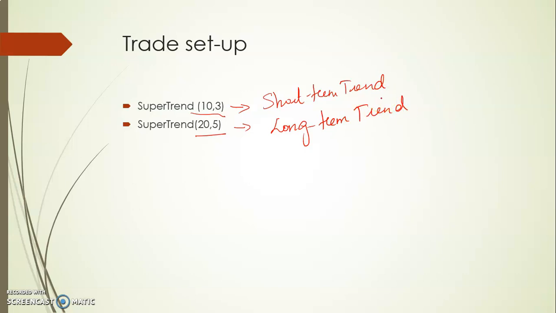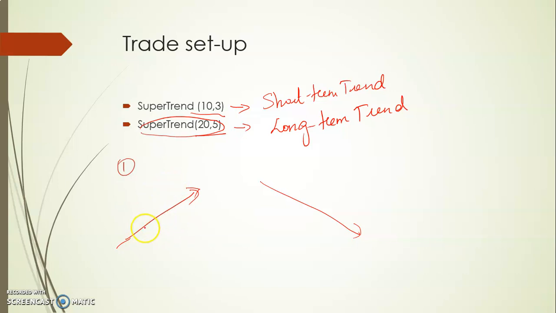The strategy is, first you have to capture what is the long-term trend in the market, if it is an uptrend or a downtrend. Okay, that is the first thing we have to do, so that we can identify using our super trend 20,5. Once you identify the trend in the market, the next thing you have to do is identify what is the short-term trend in the market.